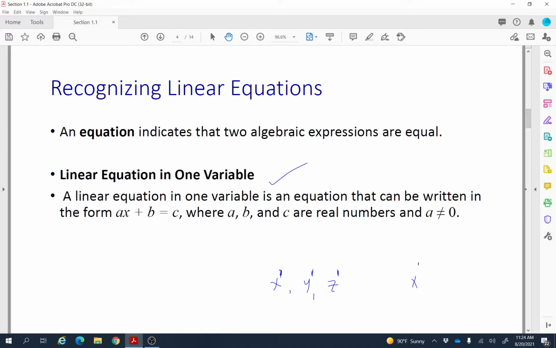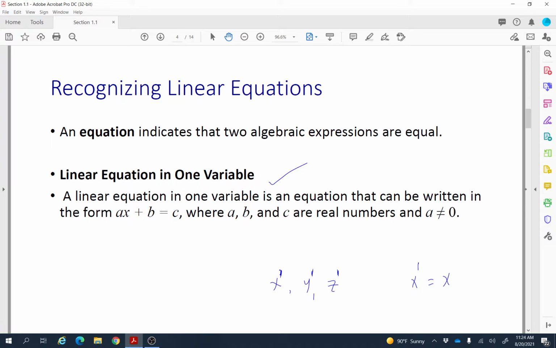Instead of writing x to the power 1, you might write x. So if you see an equation with a variable like x, y, z with the power 1, which we write like x to the power nothing, that means power 1, that kind of equation is called a linear equation.